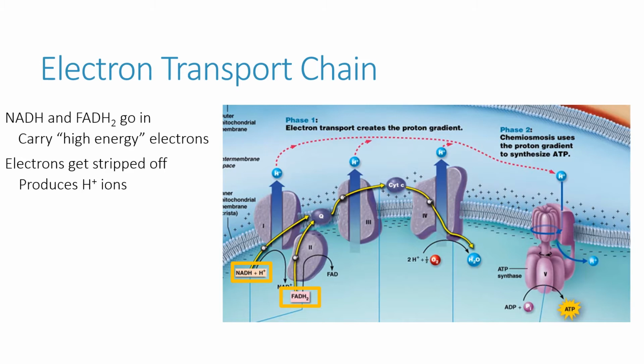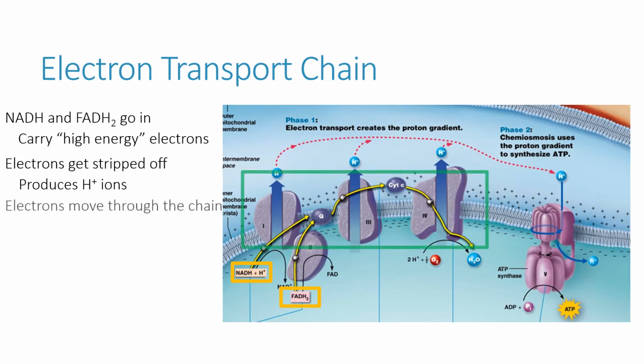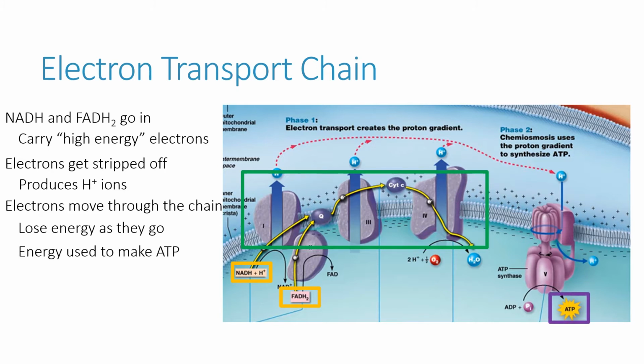So it becomes an H+ kind of ion. Those electrons that are stripped off move step by step through this electron transport chain, and they lose a little bit of energy with every step. Because that energy is being lost, it has to go somewhere, and it gets captured as a lot of ATP. This electron transport chain captures a massive amount of ATP.